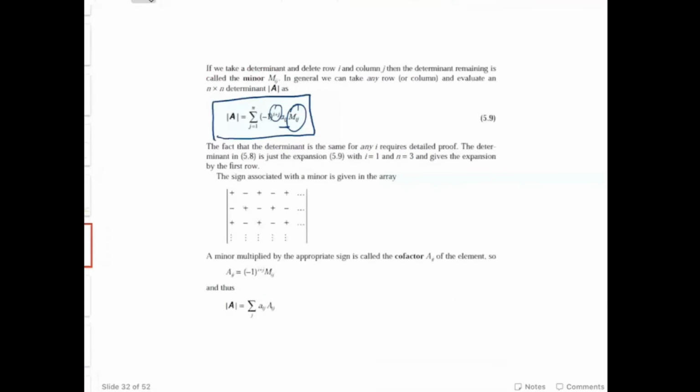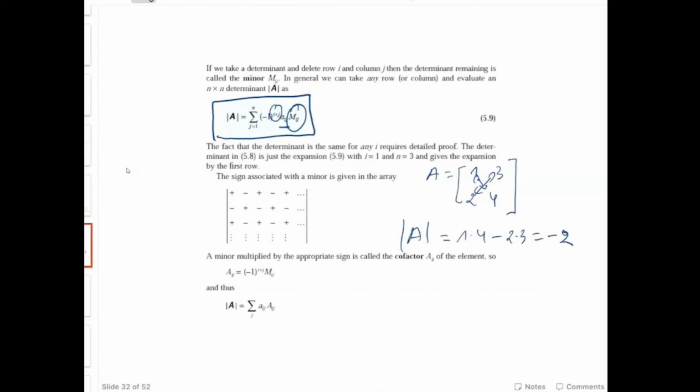If we go back to our matrix A, 1, 3, 2, 4, and want to find determinant A, that will be 1 times 4 minus 2 times 3. In this case, we have minus 2.